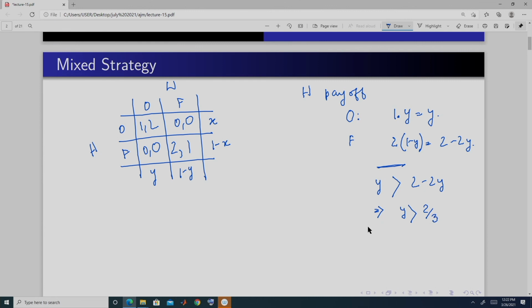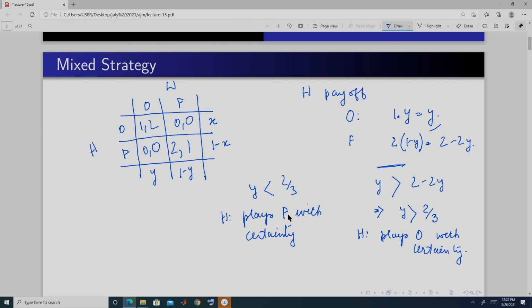So in this case H plays O with certainty. And if y is less than 2 by 3, that means this is less than this, so then H plays F with certainty.